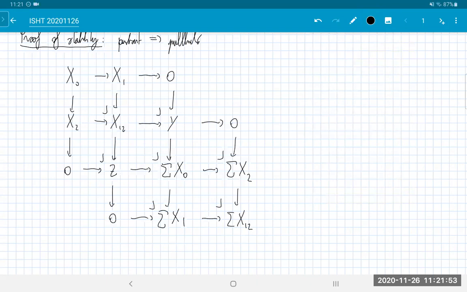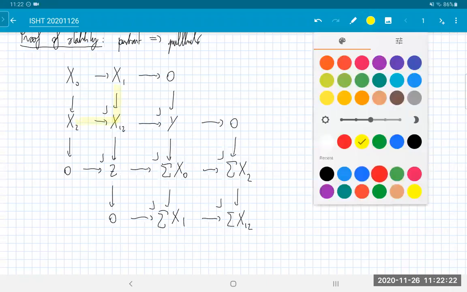Okay, we have this diagram. It's a nice diagram. Now, let's see if I can do the proof as I have it in my notes, because I'm going to look at parts of this diagram and take the limits of these parts of the diagram and see what happens. So let me select some pieces of the diagram.